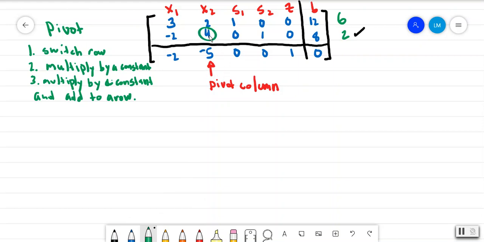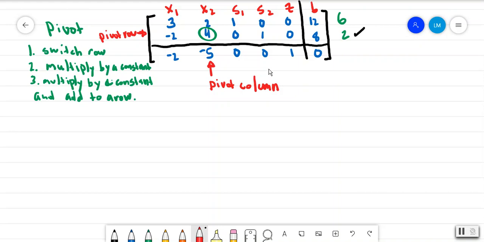So we found our pivot element. This is the pivot element right here. To be a bit more specific, this one in the second row is your pivot row. The next goal is to make a 0 underneath it and a 0 above it. Let's say, for example, that we try to get the -5 to be a 0.